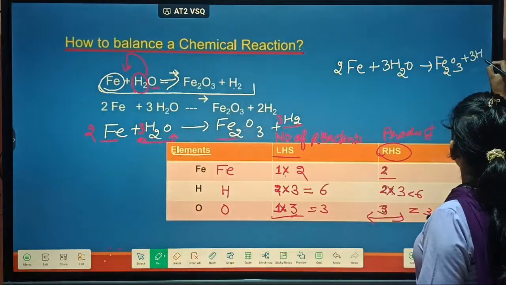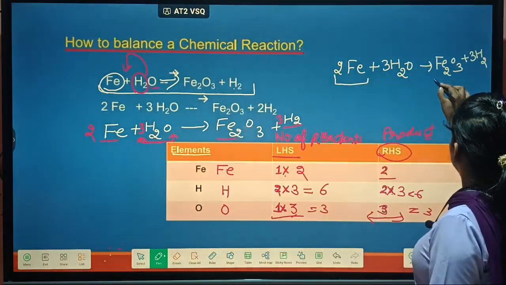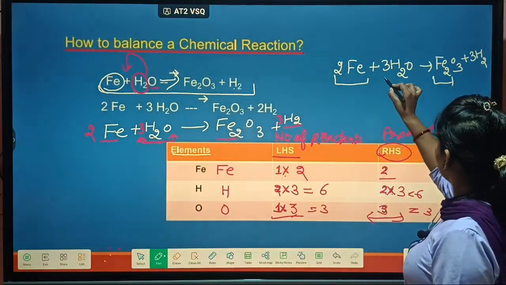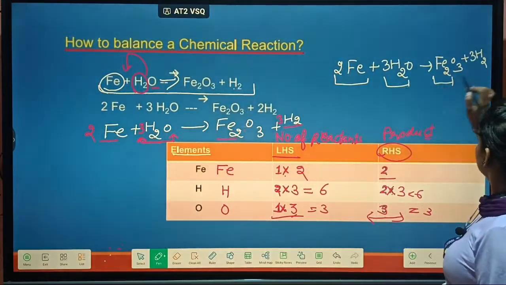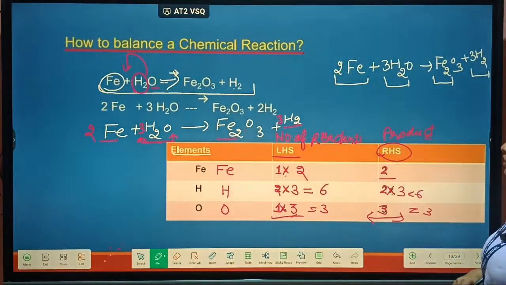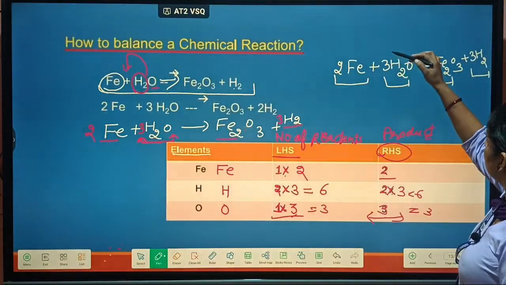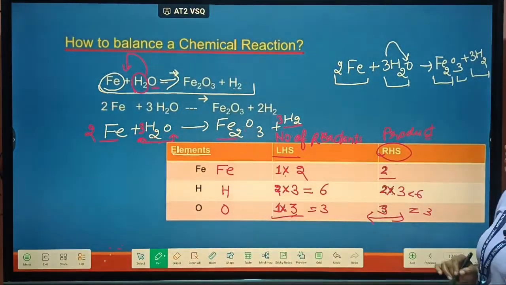So now students, you can see in the reactant side 2 iron, in the product side also 2. In the reactant side 3 times 2 is 6 hydrogen, and in the product side also 3 times 2 is 6 hydrogen. In the reactant side 3 oxygen, in the product side also 3 oxygen.